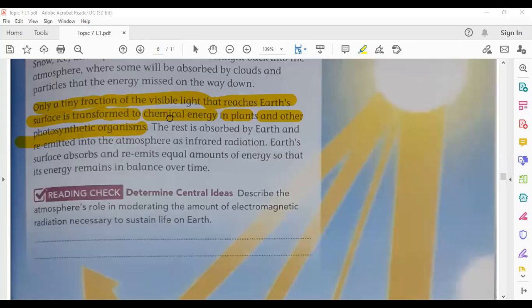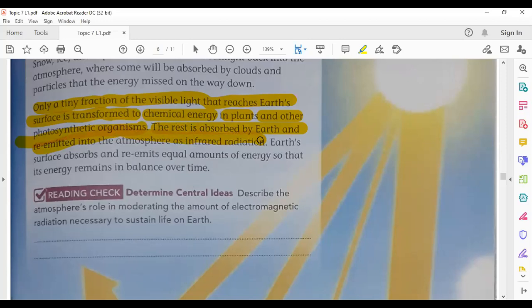Fine. Now, the rest of the visible light is absorbed by Earth and re-emitted. So what is the meaning of re-emitted? It is again reflected into the atmosphere as infrared radiation. Fine.